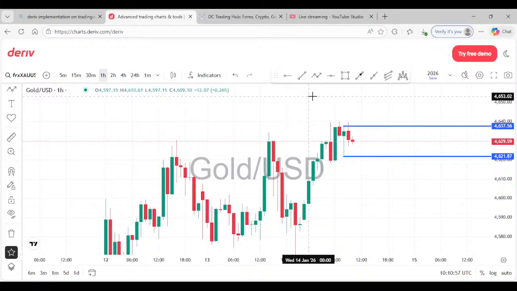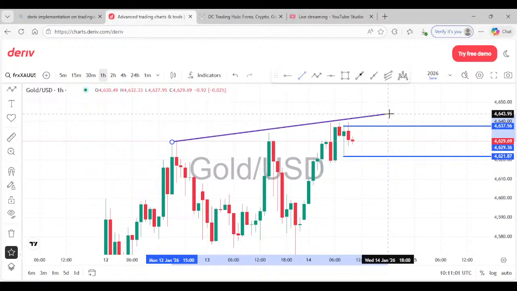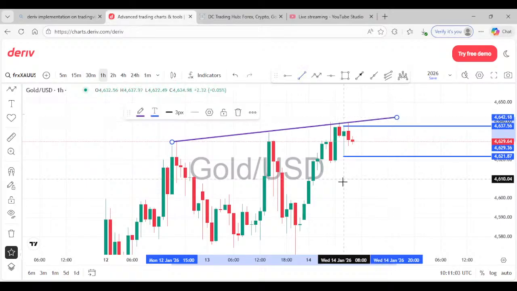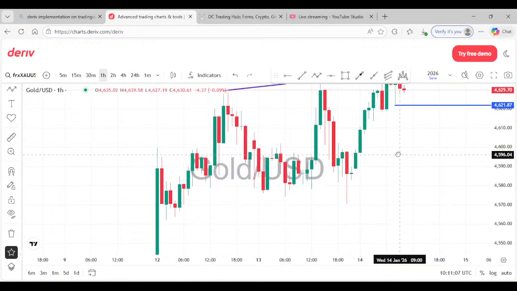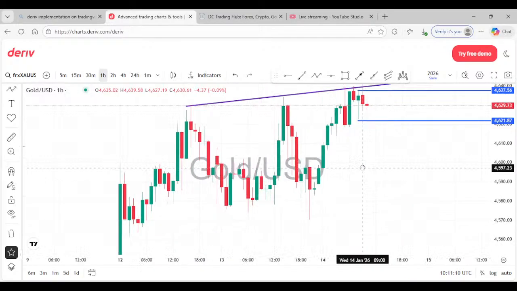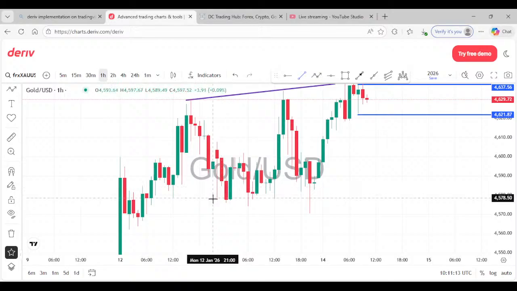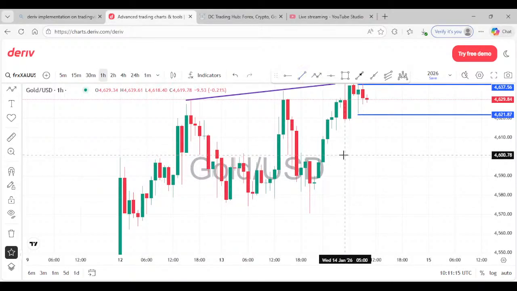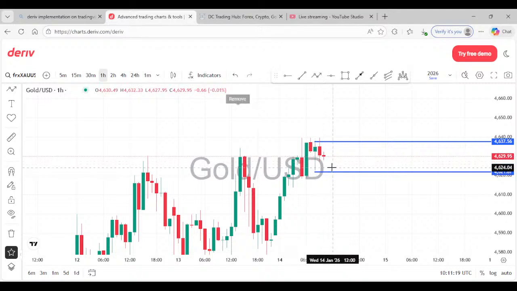Apart from that, what else is there here? We can see we have a form of resistance at this particular level here. So there's a likelihood that price is likely going to move down.